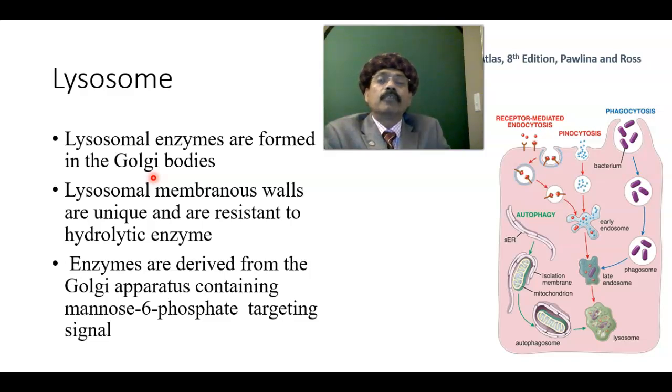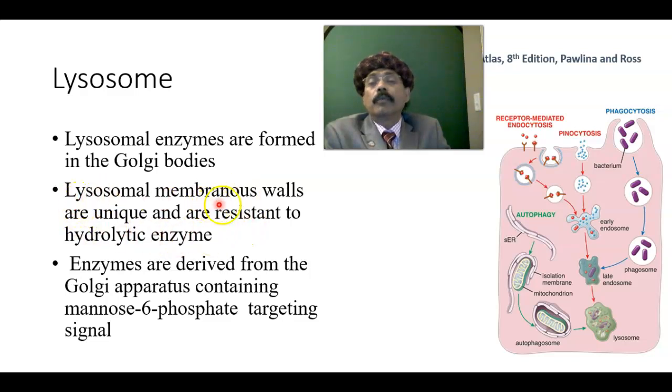In the Golgi apparatus, post-translational modification of the protein takes place, and those proteins will go to the lysosome. From the Golgi apparatus, we have three destinations of the protein. Some protein will go to the lysosome, some protein will go outside the cell by exocytosis, some protein from the Golgi apparatus will be added to the cell membrane.